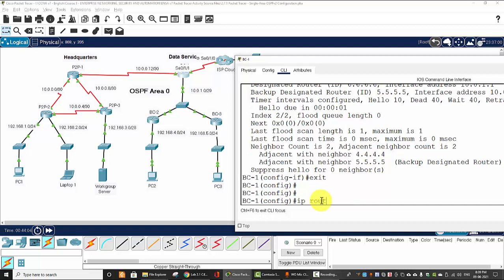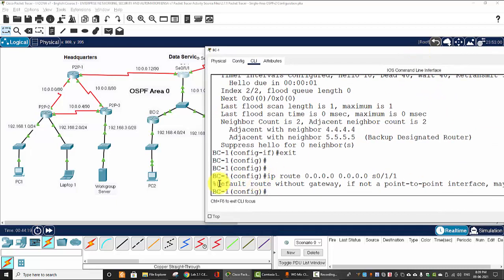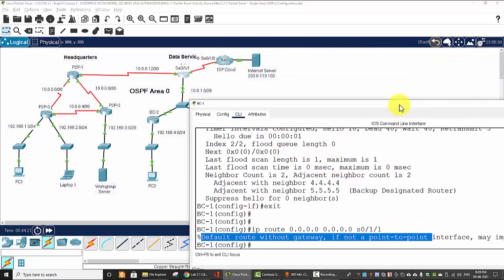IP route, and we can ignore this message because the connection to the ISP cloud is a point-to-point connection.